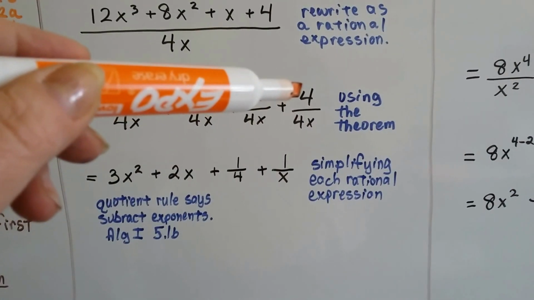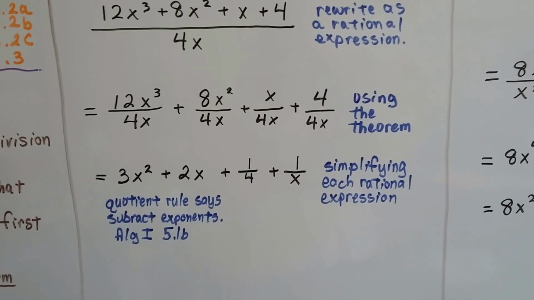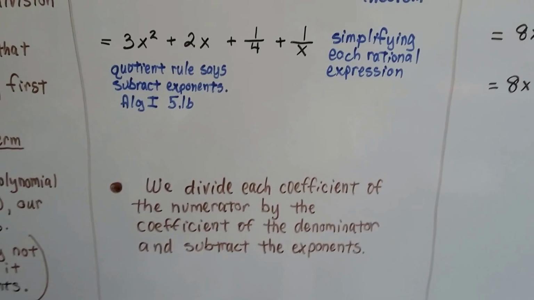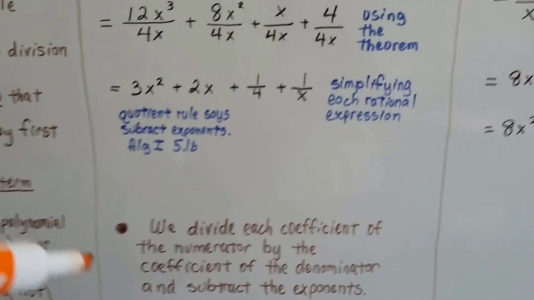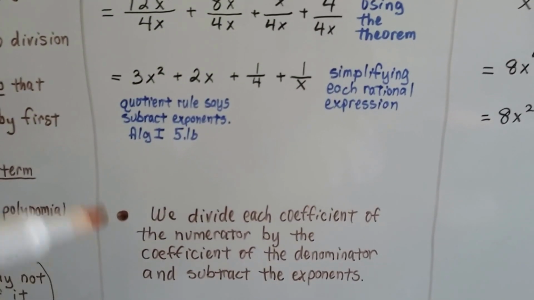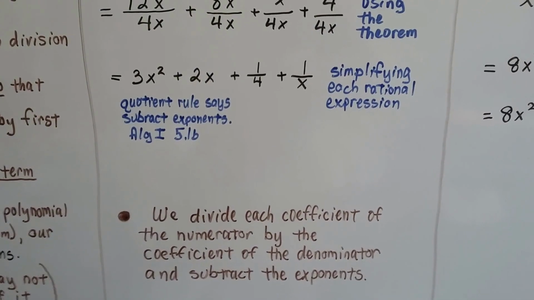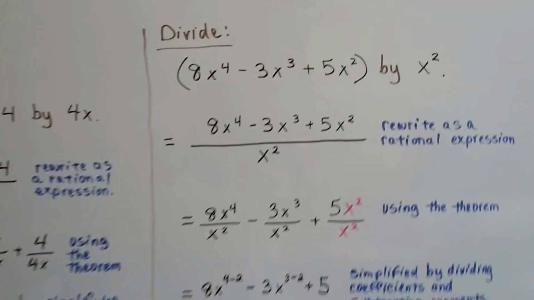And this one ends up just becoming a 1 over x. All right? So what we did was we divide each coefficient of the numerator by the coefficient of the denominator. See? That's how we got the 3. And we subtract the exponents. See? That's pretty easy, isn't it? Makes sense.